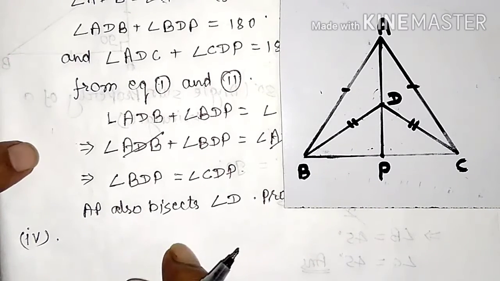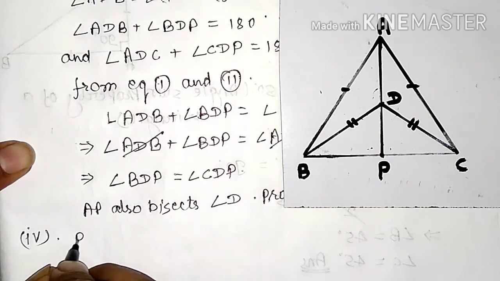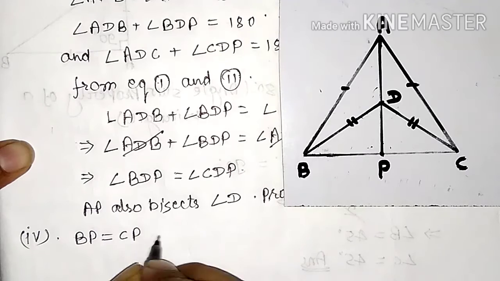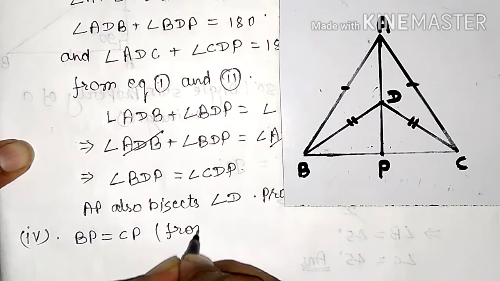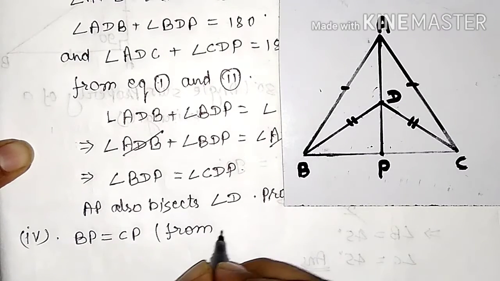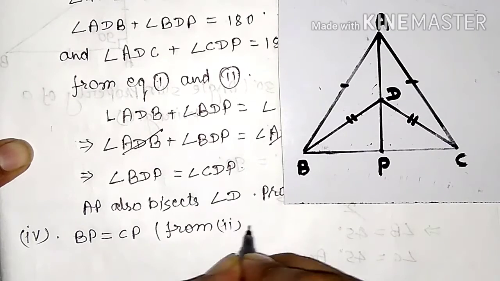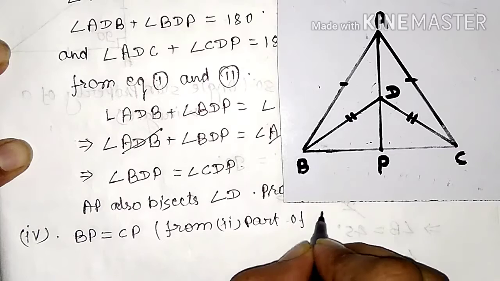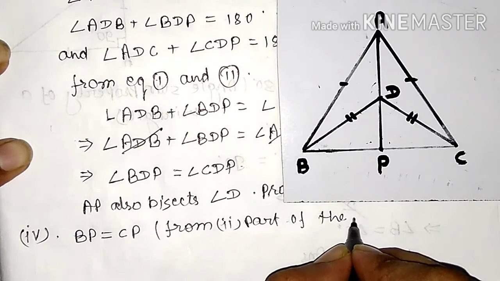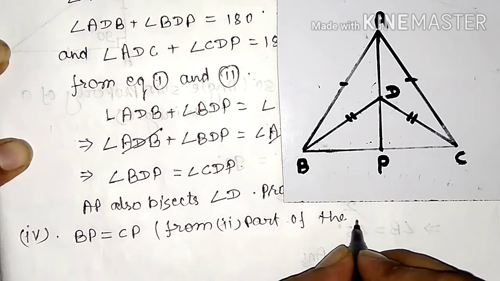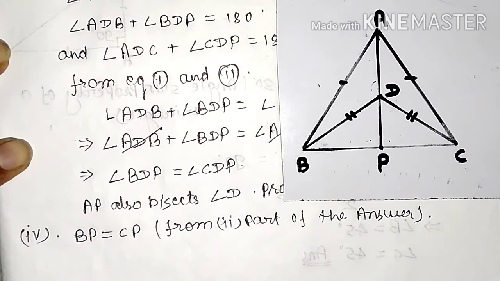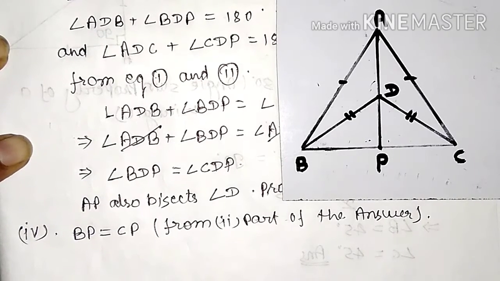So we can write here BP is equal to CP from the second part of the answer. Second part of the answer we already have proved it.